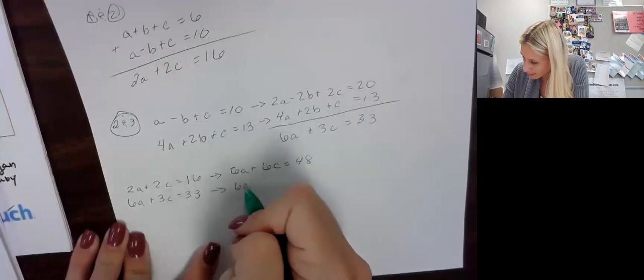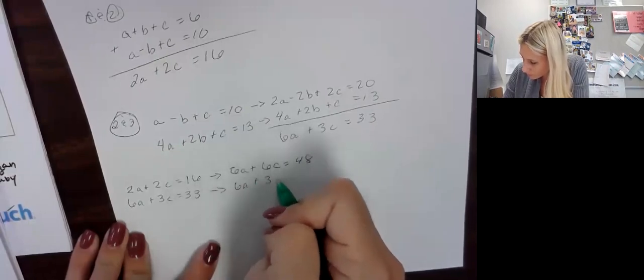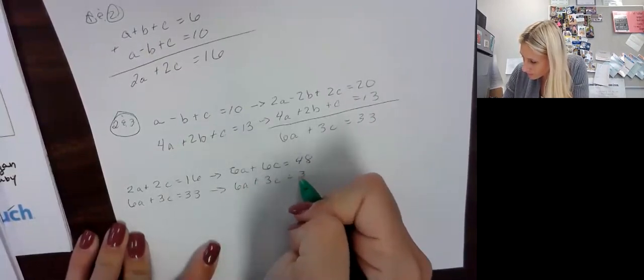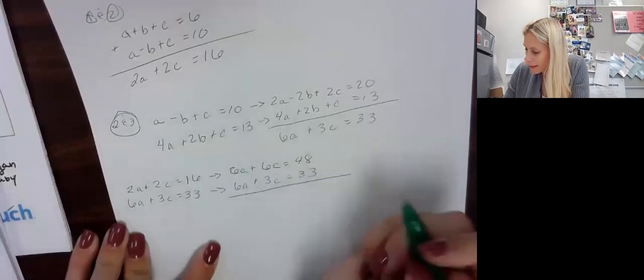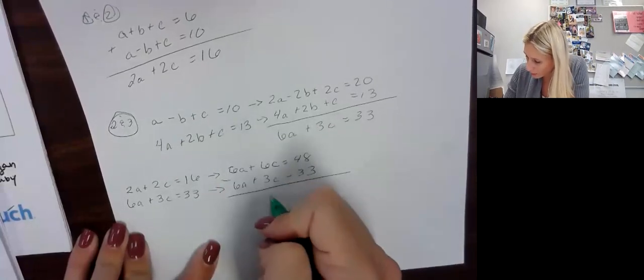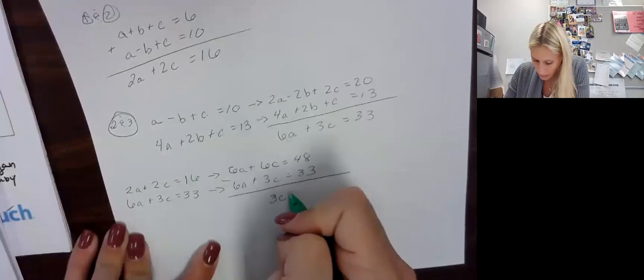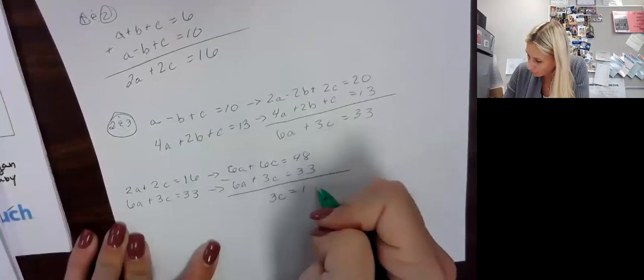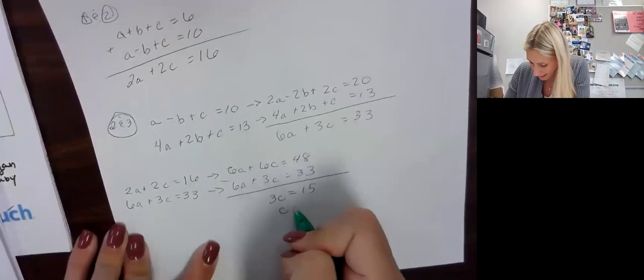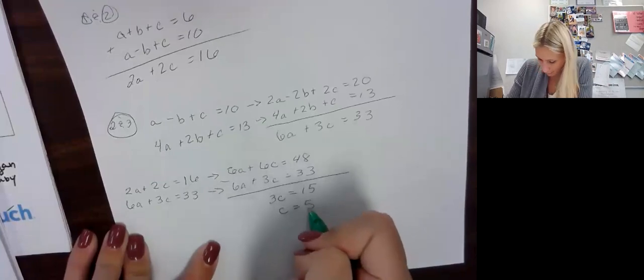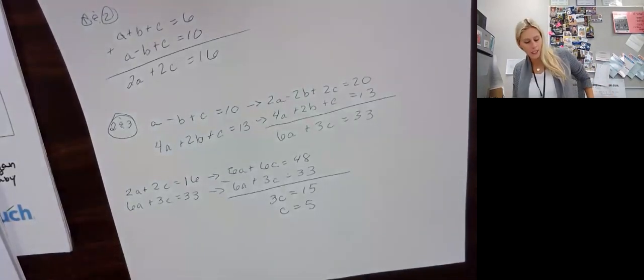Bottom one, keep them the same. Okay, these are the same, so I'm going to subtract straight down. I get 3C equals 15. So C equals 5. Now, here's the other thing.